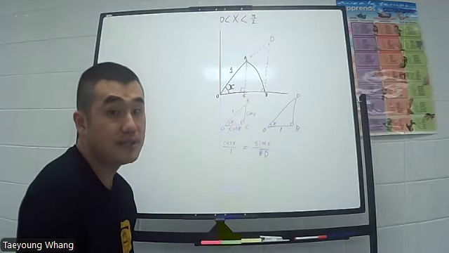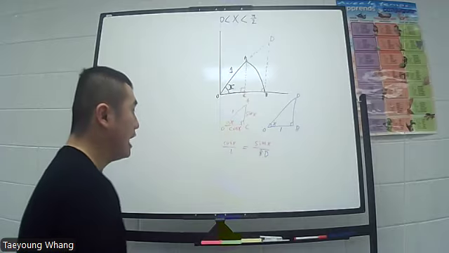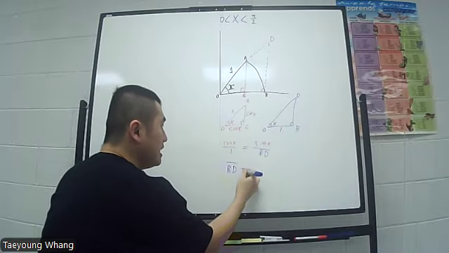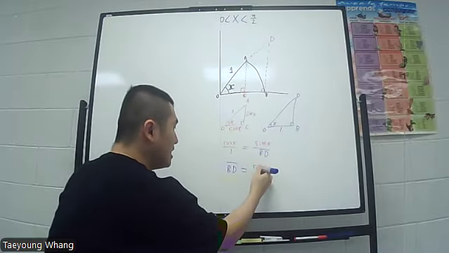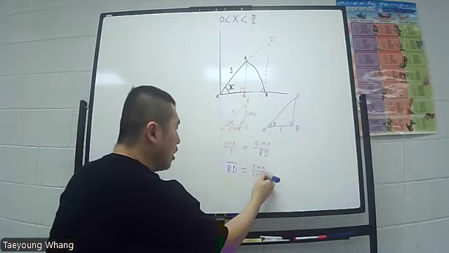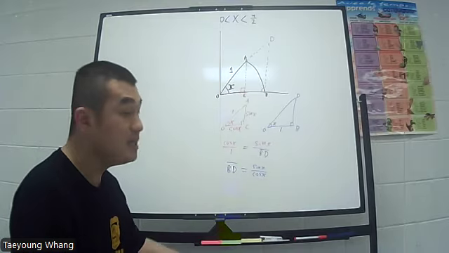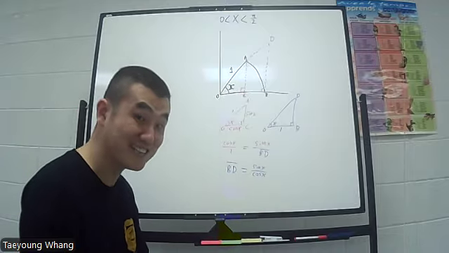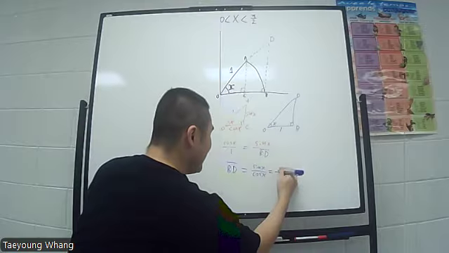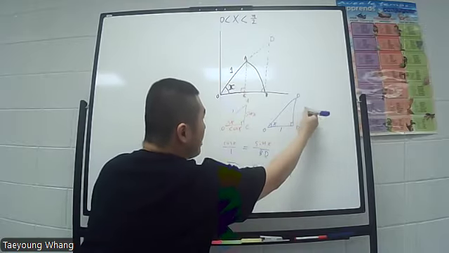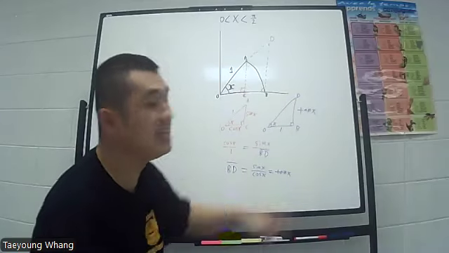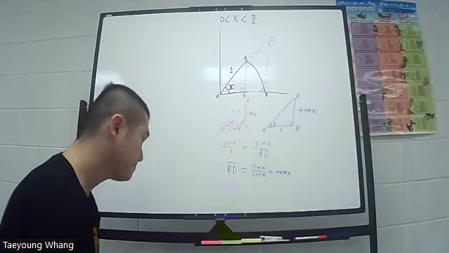All we have to do now is cross multiply these two, and we are going to get the conclusion that the length of BD equals sine of x over cosine of x. And what is sine x over cosine x? Tangent of x. Therefore, I can say the length of BD is tangent of x.